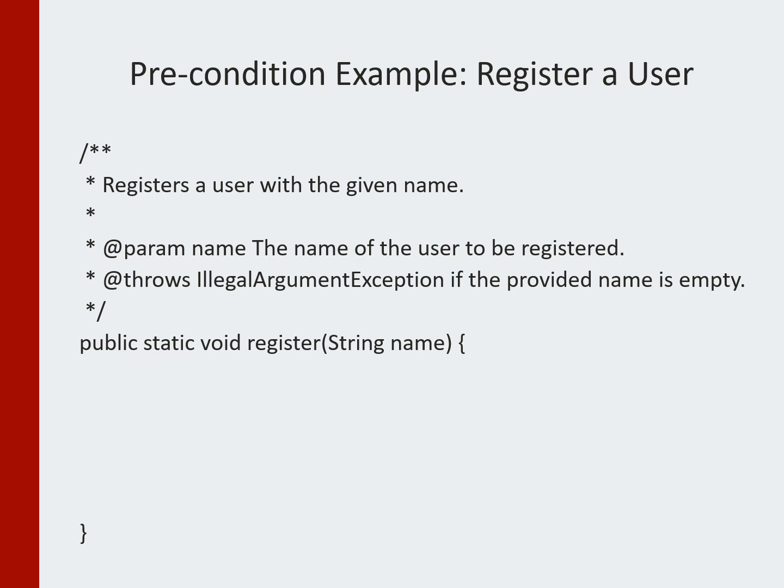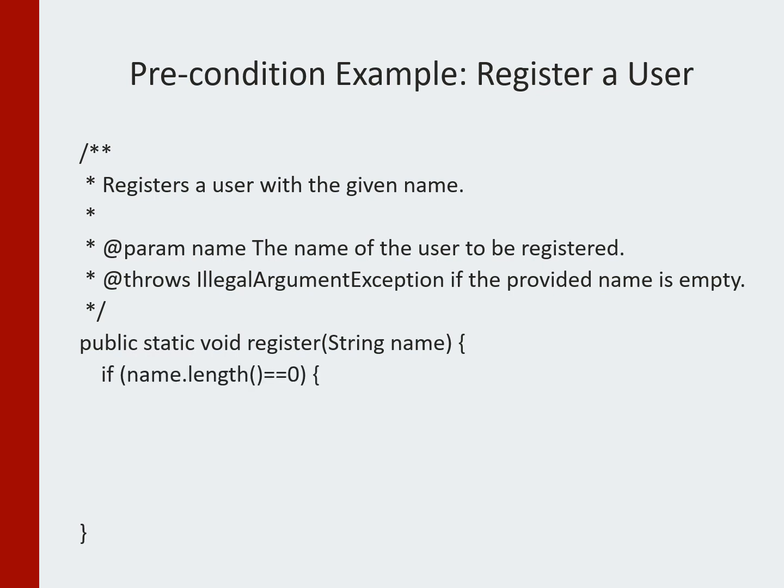Now, I do want to throw an exception if the provided name is empty. In other words, I have a precondition that means that somebody's name has to have at least some letters in it. When I go through and write this code, since I see that IllegalArgumentException, I can create an if statement.